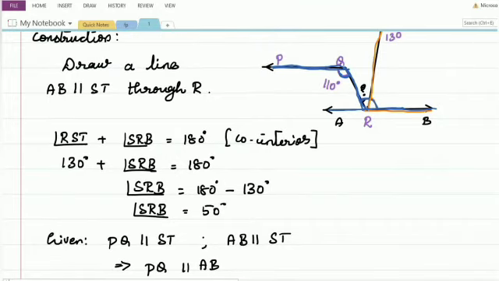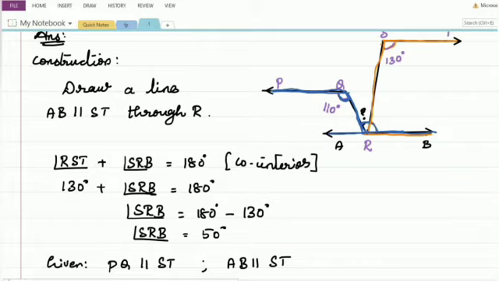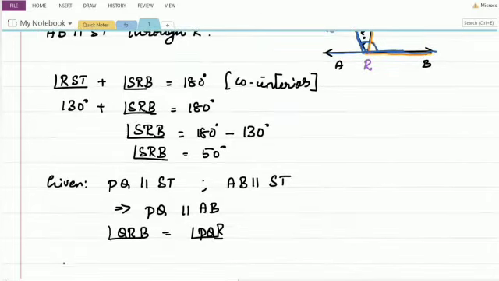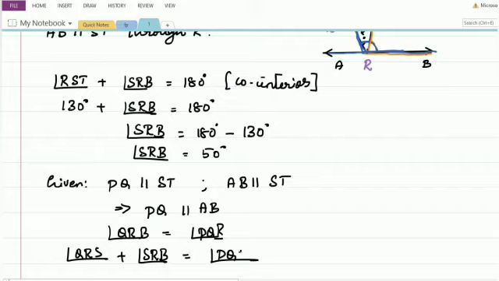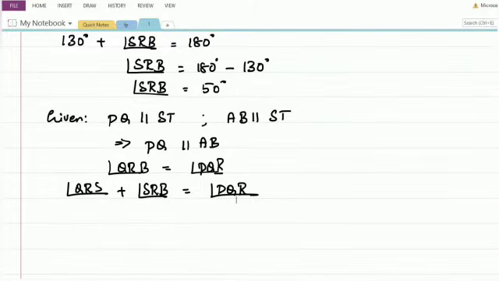Now just look into diagram. QRB is divided into two as QRS plus SRB. So angle QRS plus angle SRB equal to angle PQR. Now let us substitute the values instead of SRB.